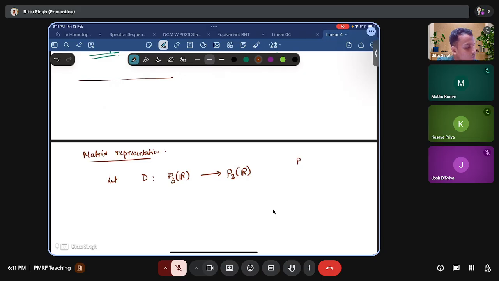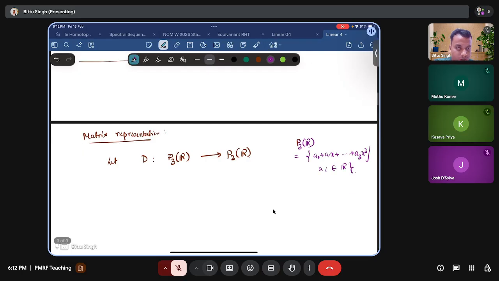P3R consists of vectors like this: a0 plus a1x up to a3x cubed. It is a 4-dimensional vector space, and all those coefficients ai come from the real numbers. Then we want to find the matrix representation of this derivative map. So what is the derivative map?